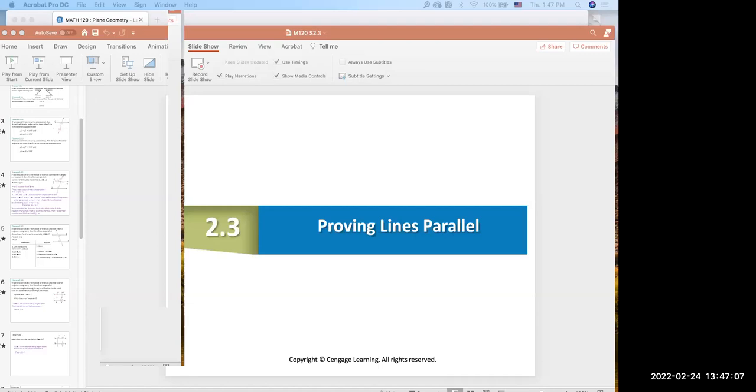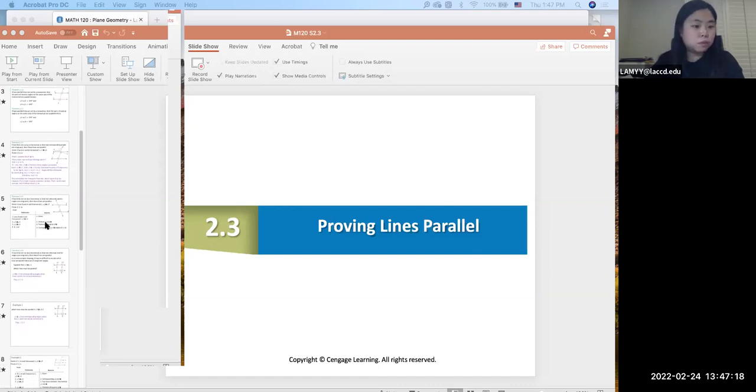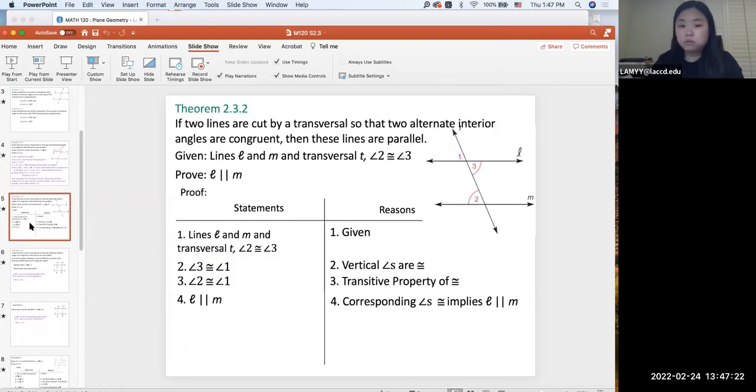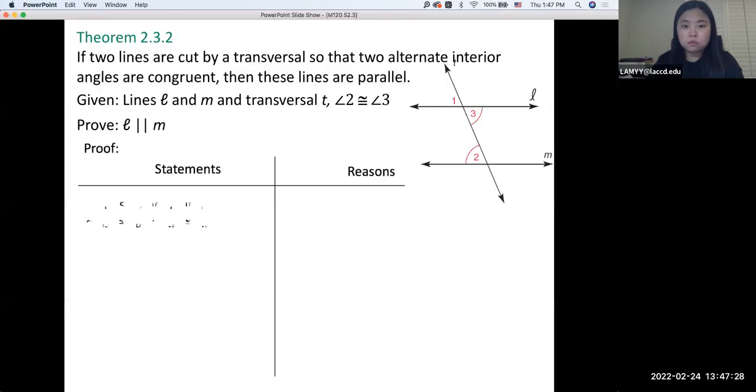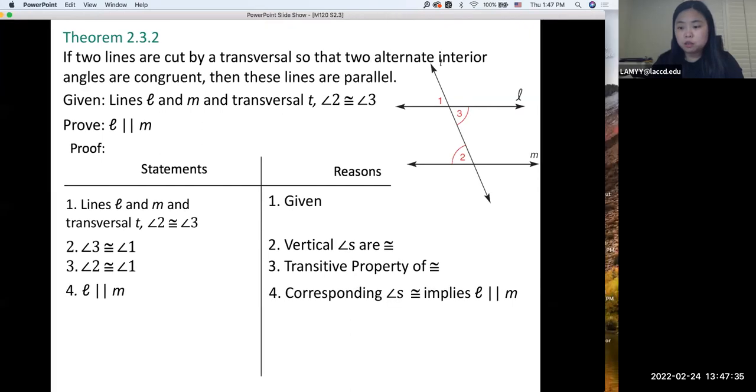Last time we covered session 2.3, and we finished page 2, theorem 2.3.2. Okay, we stopped here.